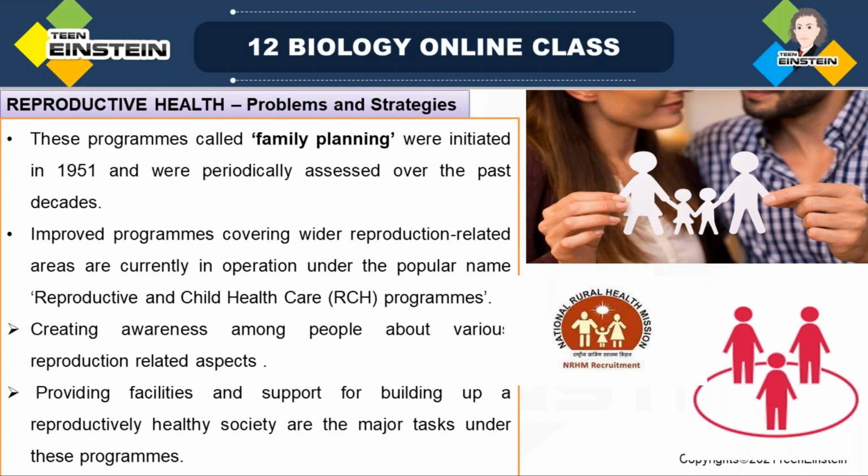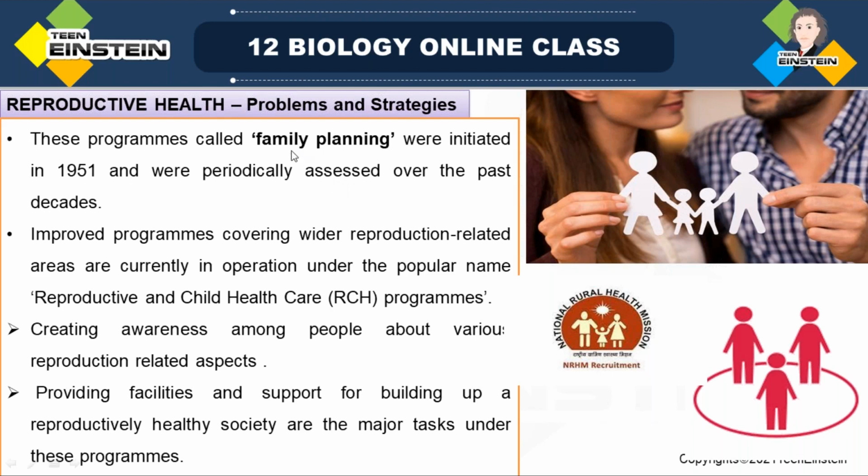For this, we have considered it a goal, and we made so many elaborate programs, and assessments are still going on, because we ask what is lacking or what we can do more to get a reproductively healthy society. So assessment is still going on.